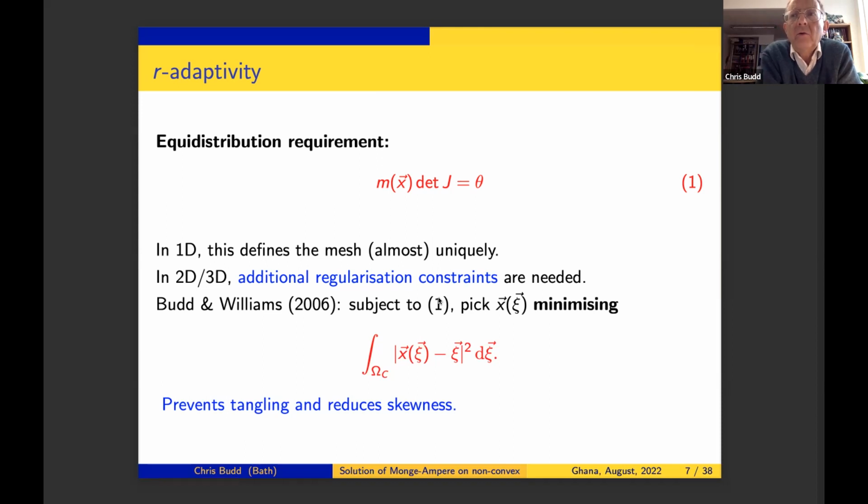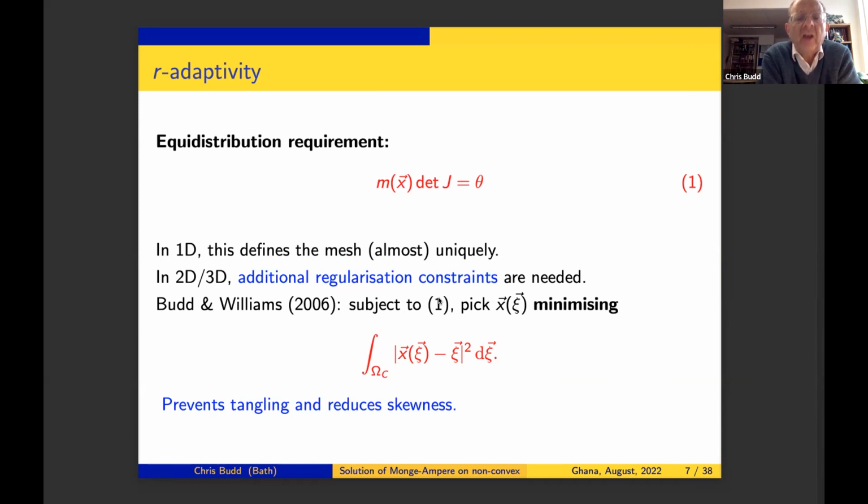And there's, well, you open up the textbooks on mesh adaptation and you'll find lots and lots of ideas on this. But an idea I came up with in 2006, together with my student Jeff Williams, who's now at Simon Fraser University, which others came up with at about a similar time, was as follows.